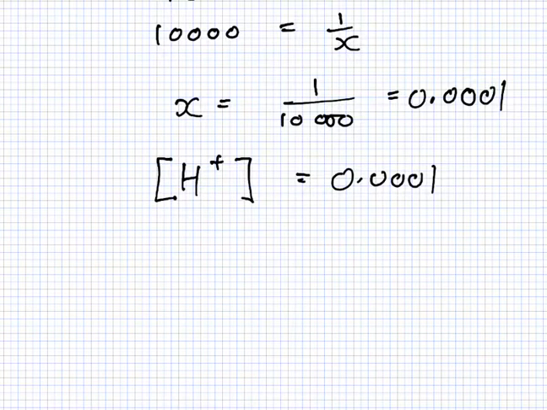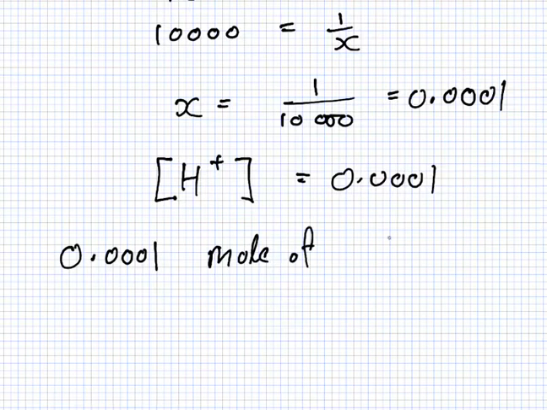It's moles per liter. Yeah, the maths teacher shouldn't know more about this. Moles per liter. Okay, so what we have is 0.0001 mole of positive hydrogen per liter.